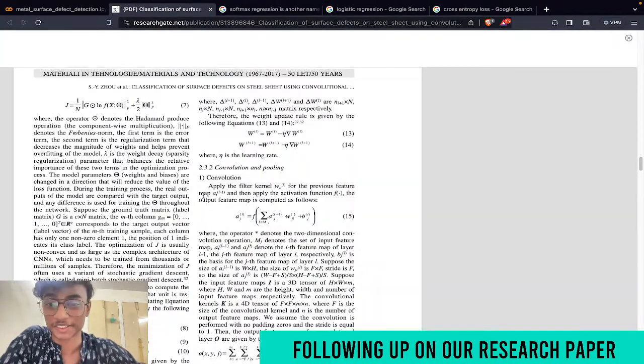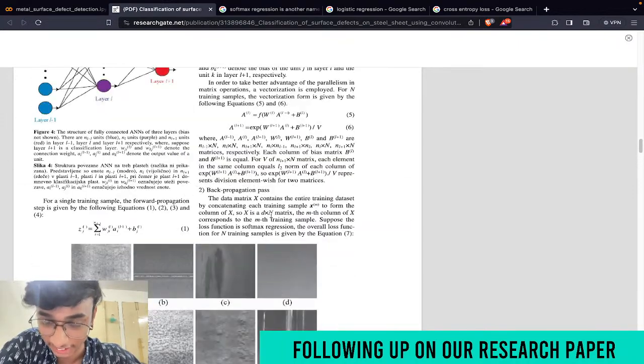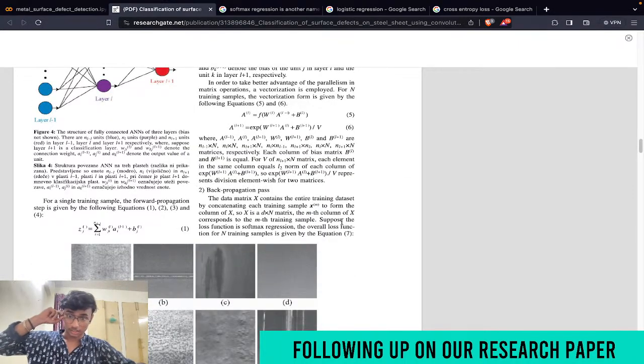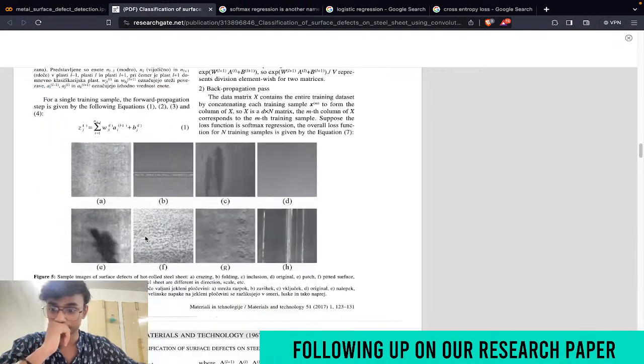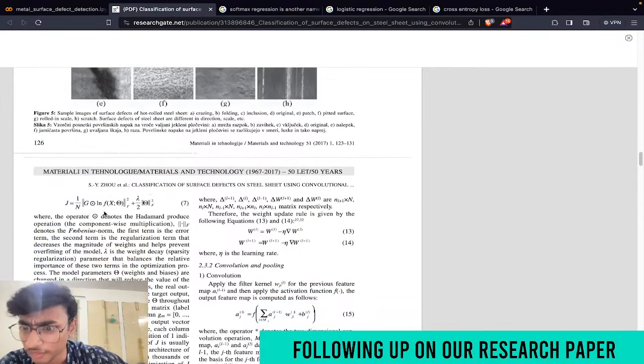I don't understand this terminology at all. They have said they are using softmax regression loss, by equation 7. Okay, let's quickly look at the equation. ln f of x.